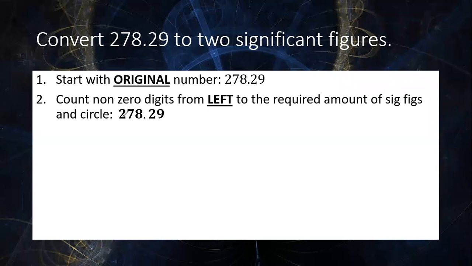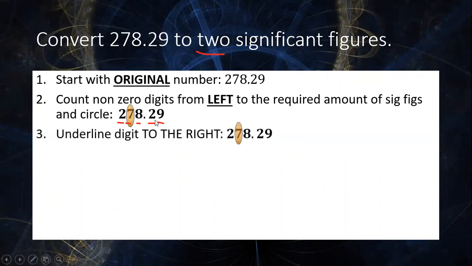Once it's non-zero, 2 is significant, 7 is significant, all these numbers are significant. So we have 1, 2, 3, 4, 5 significant figures, but we only require 2 significant figures. So we're going to start from the left and count 1, 2, circle that number, and then underline the number to the right of the 7, which is going to be 8.